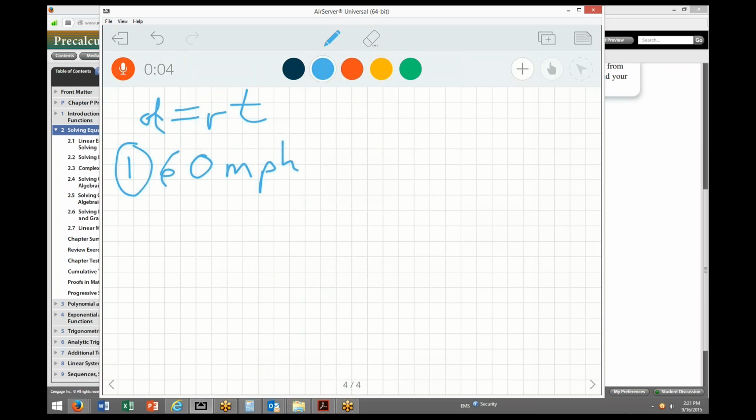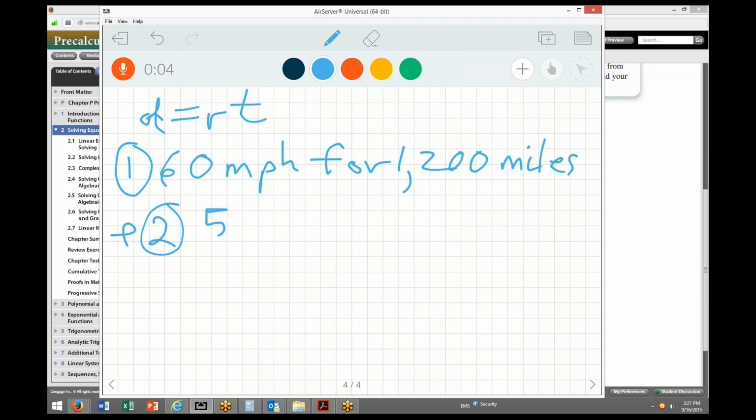He drove a trip 60 miles per hour for 1,200 miles. And then on the return trip, he had to go slower for whatever reason, and he drove only 50 miles per hour on the return trip. Of course, the return trip's the same number of miles, so it's also 1,200 miles.